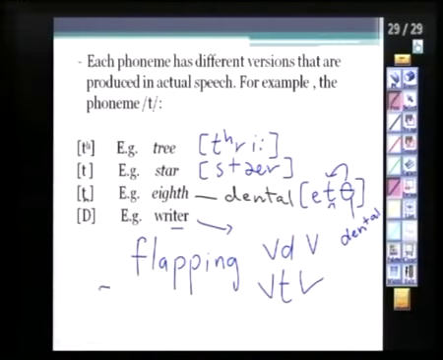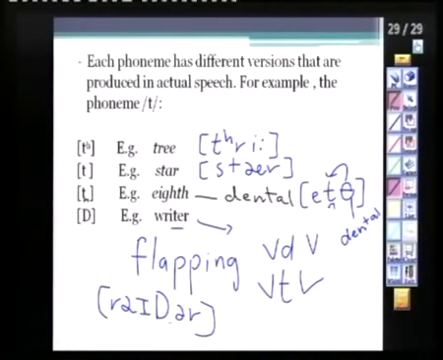When I transcribe the word writer, it's going to look something like this. I'm going to use a flap, then you have rider, just like Americans pronounce it, okay? If you look at this, rider, this one is a flap. Why did I flap the T sound? Because it is surrounded by two vowels. This is the context for flapping. Again, when do we flap? If we have the sound /t/ or /d/ between two vowels.